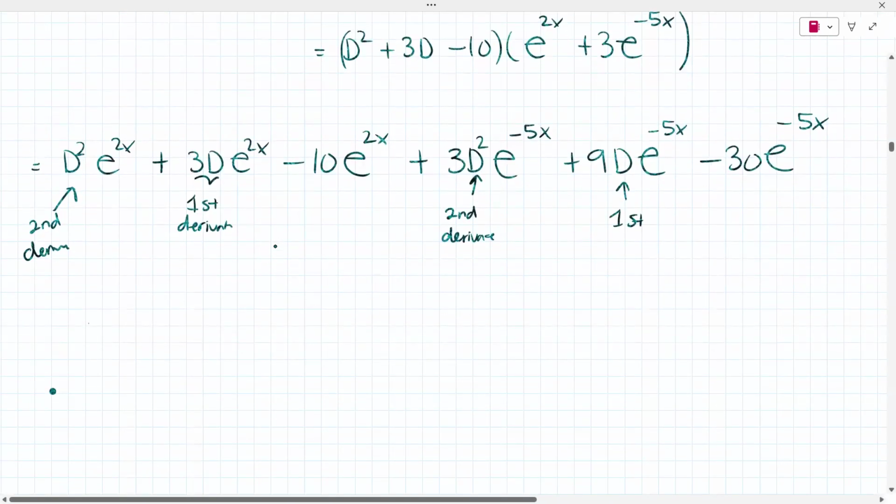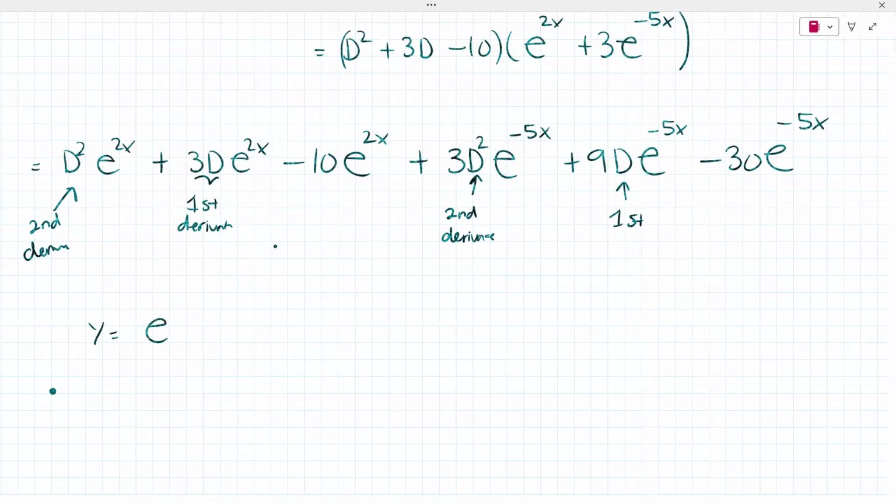So we were given y equals e to the 2x, and then dy.